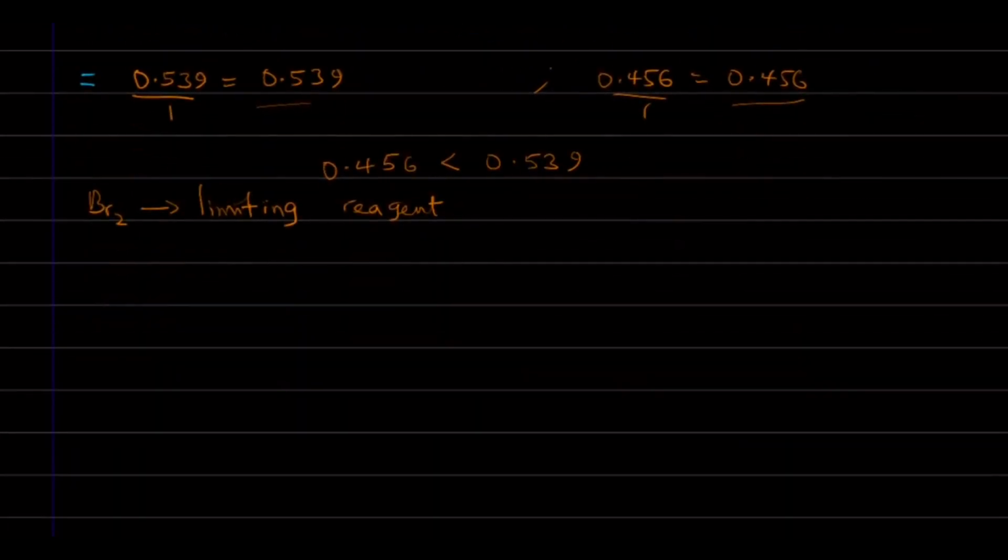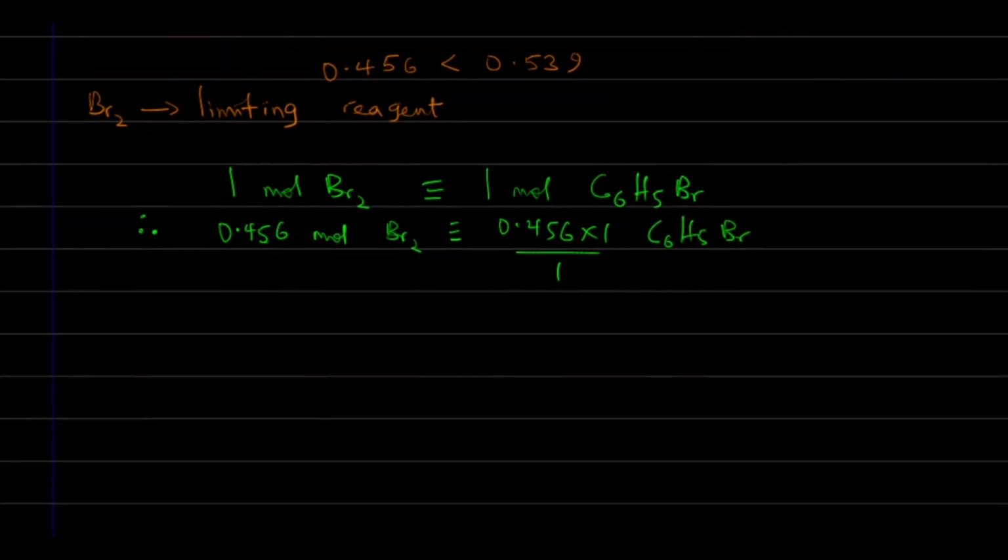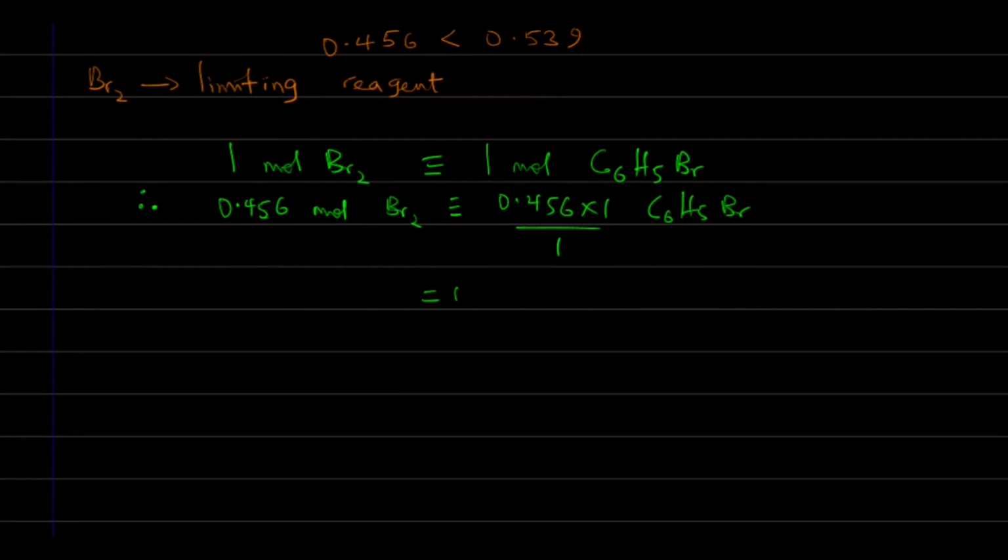So we can say 1 mole of bromine molecule produces 1 mole of bromobenzene, C6H5Br. Therefore, the moles of bromine molecule is 0.456, and we multiply 0.456 times 1/1 to get that of bromobenzene.